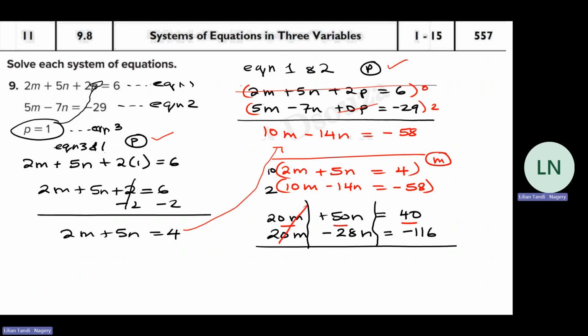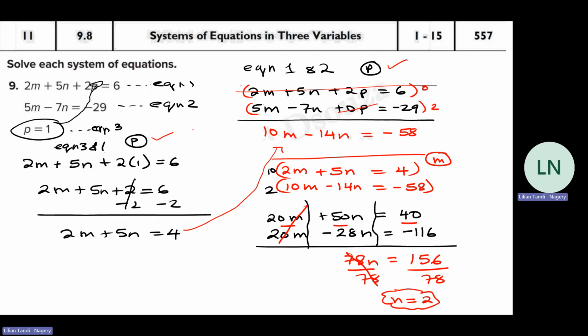So this becomes 78n. And this becomes 156. Okay? Then now I can divide by 78. 78n is 2.